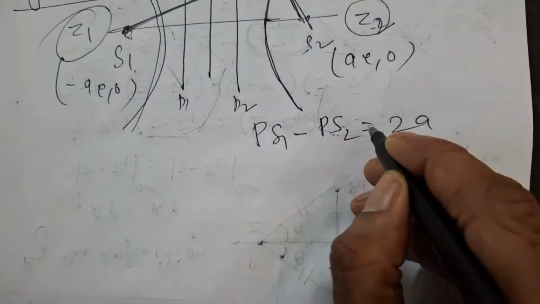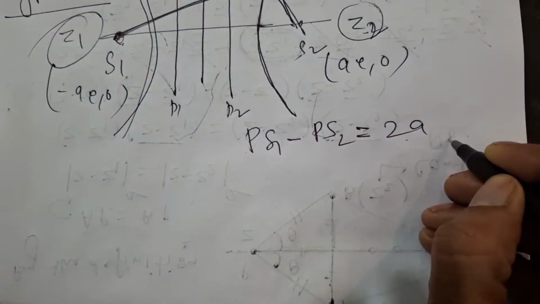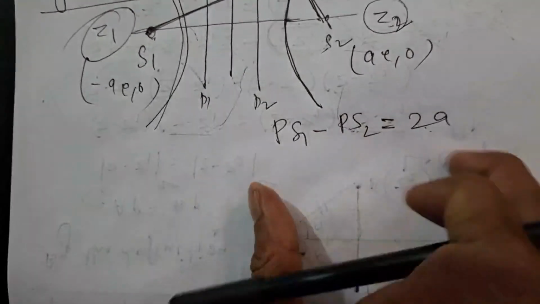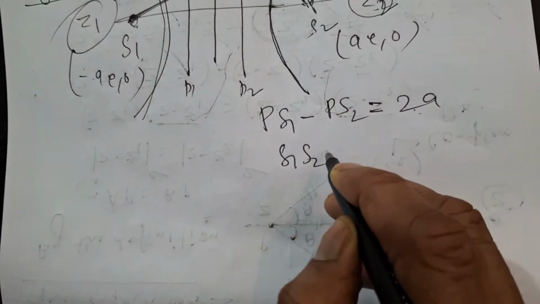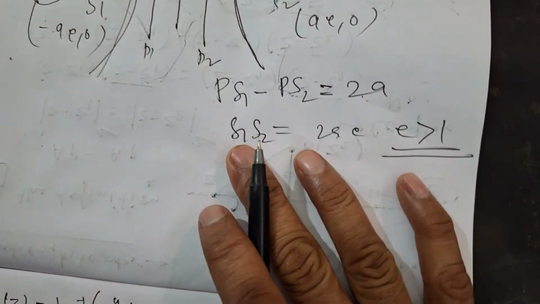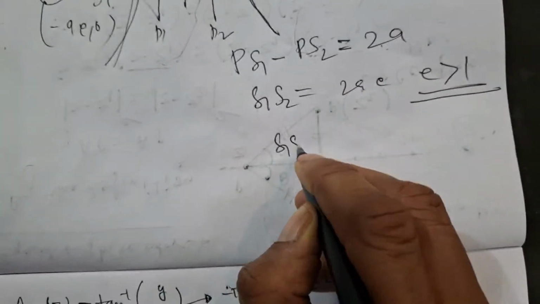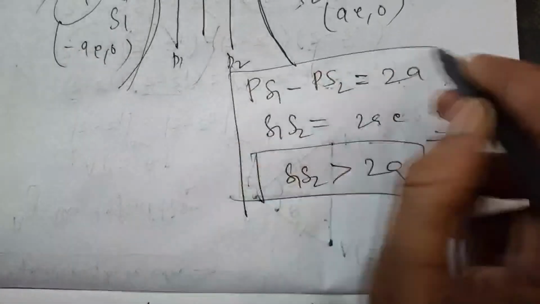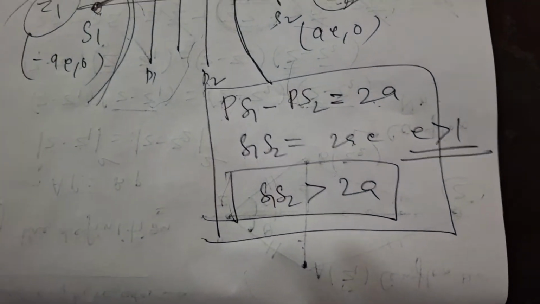You must remember that the distance S1S2 is nothing but 2ae, and eccentricity is greater than 1 in the case of a hyperbola. So this distance S1S2 must be greater than 2a. These are the two conditions for a hyperbola in complex form.